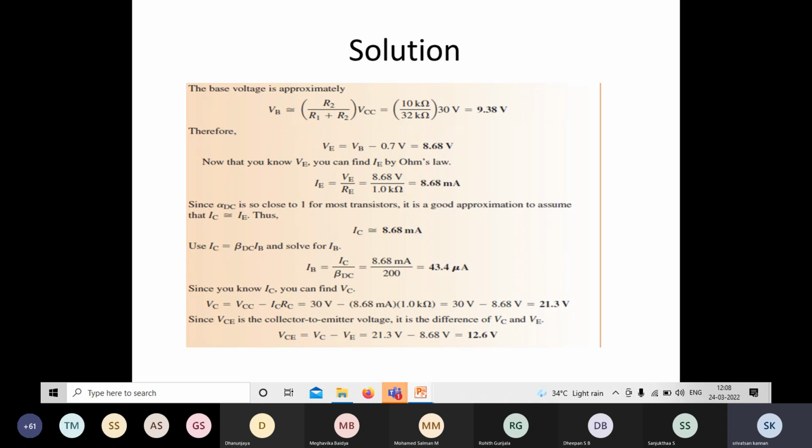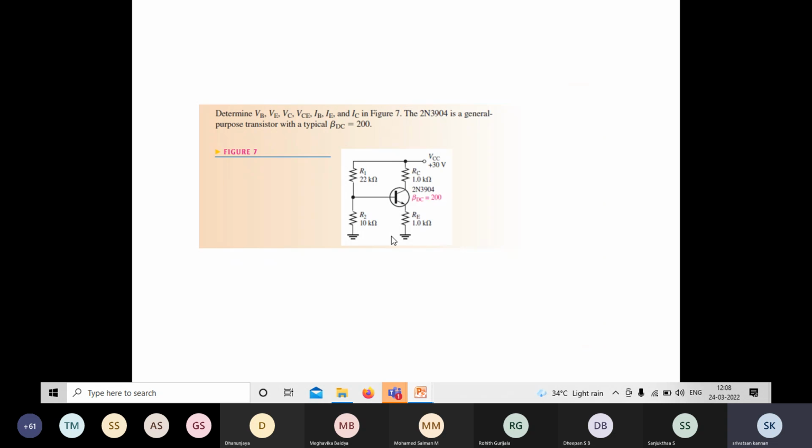So base current is normally IC by beta DC. This is the base current. What is your question actually? From where will the base current flow? I want the direction of the base current.